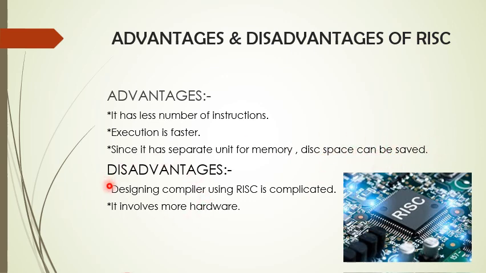There are a few disadvantages of RISC: code quality and code size, designing a compiler using RISC is complicated, and it involves more hardware. So these are a few advantages and disadvantages of RISC.